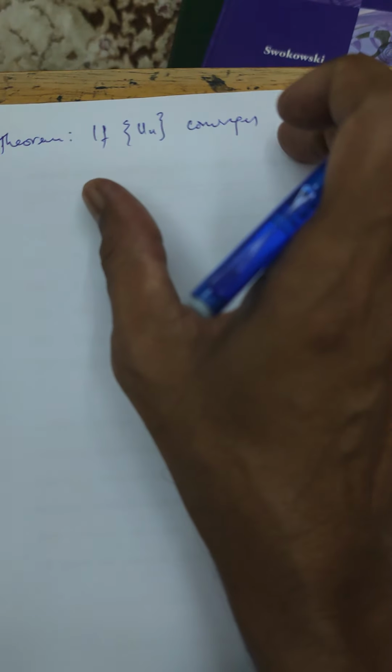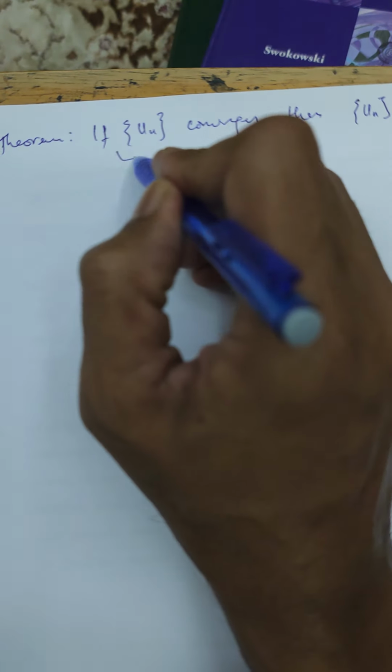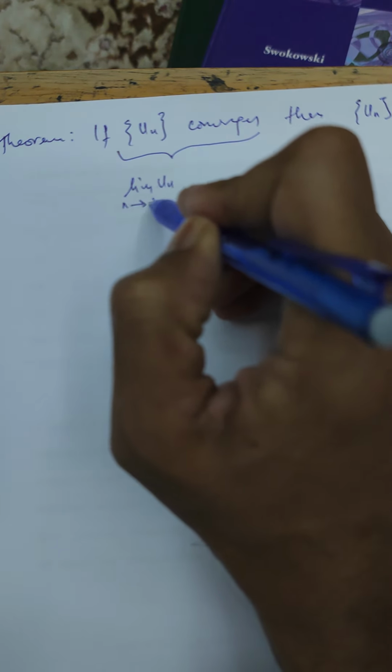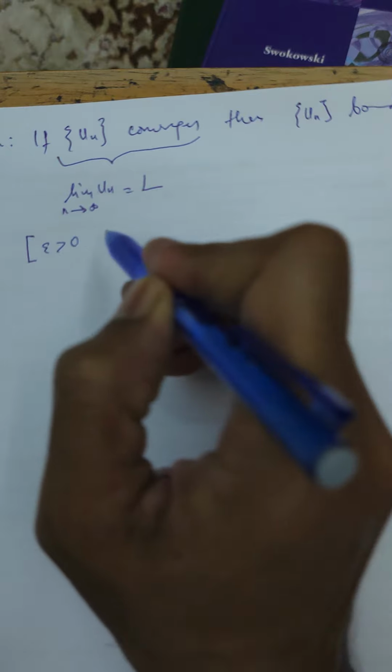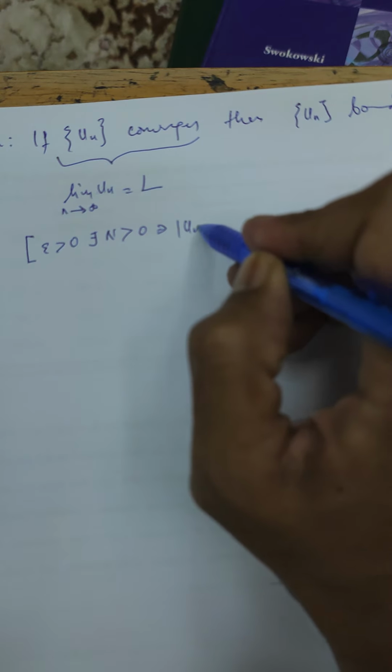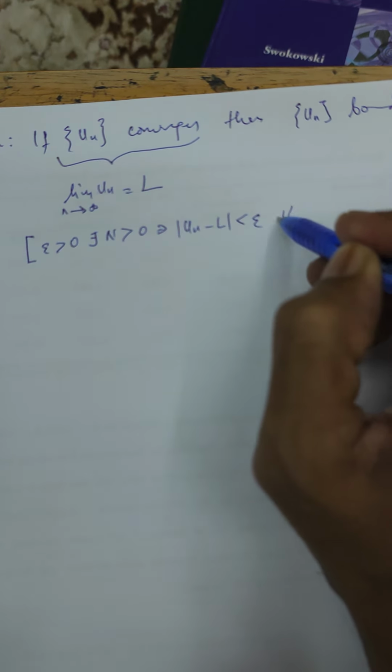Okay, so let me give the general idea of what we are doing here. First thing is our assumption that un is convergent. This means that the limit of un, as n goes to infinity, exists. Give it some number L. Then we can apply the definition: given epsilon, you can find N positive such that |un minus L| is less than epsilon for all n greater than N. That's the definition of the limit.